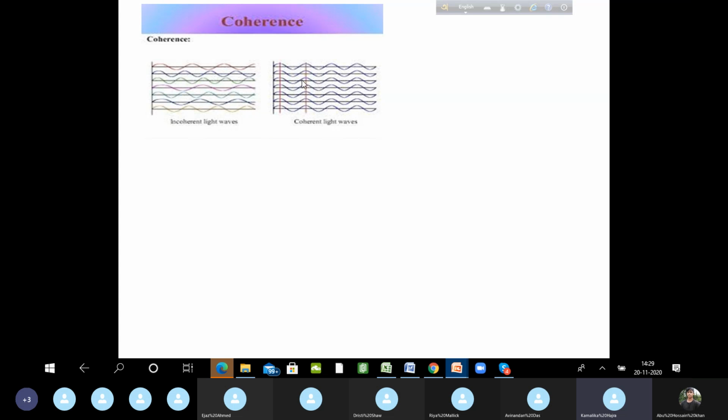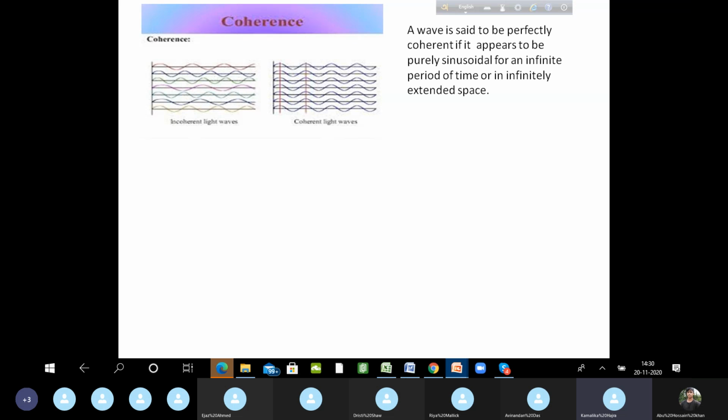Particularly, you can see that the phase, see, if this is the crest, then all the waves have the crest in the same position. If this is the trough, then all the troughs have the same position, which is not the case with incoherent waves. So you can obviously see that the phase relation is important for a group of waves to be called coherent or incoherent.